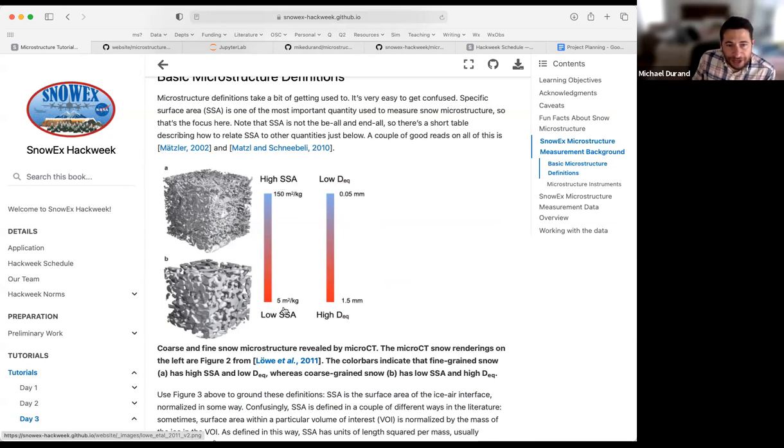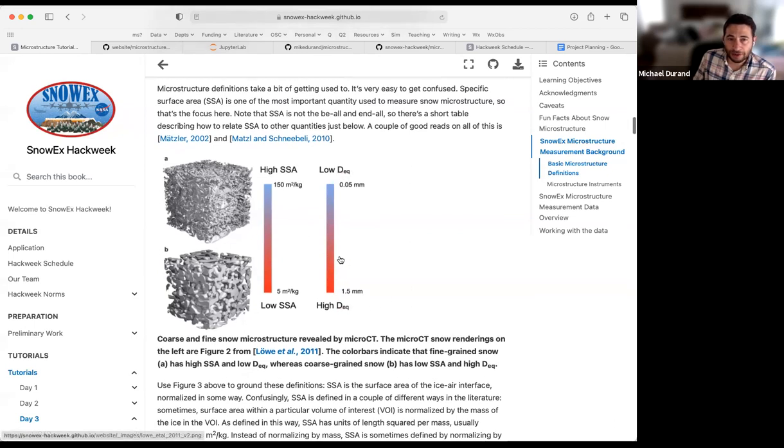So the SSA varies from, say, I don't know, you can imagine values outside this, but a low value would be like 5 square meters per kilogram, corresponding to this coarse grain snow, and then 150 square meters per kilogram for this fine grain snow. It takes a little while to get used to those values. So often what people do is talk about an equivalent diameter.